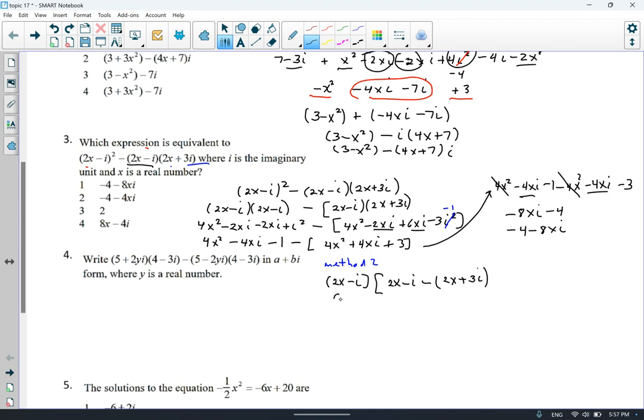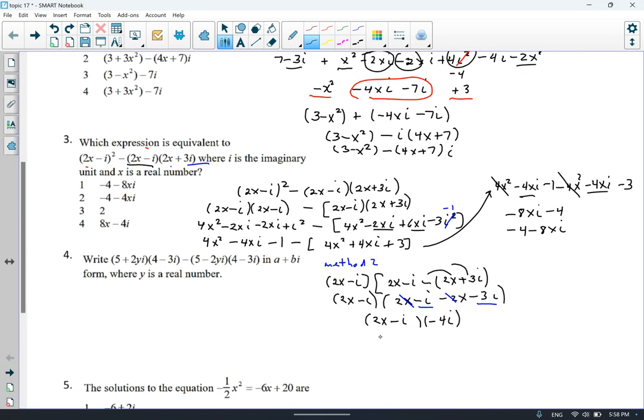So now we're going to distribute that negative, and we get 2x minus I minus 2x minus 3i. The 2x's cancel, and the negative I and the negative 3i combine together. So you get 2x minus I times negative 4i.